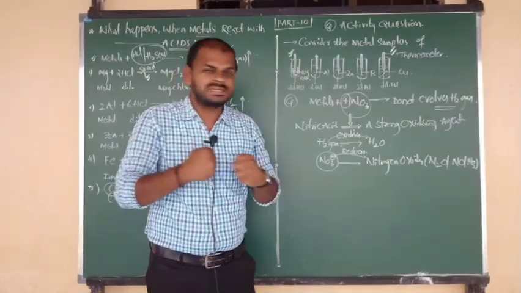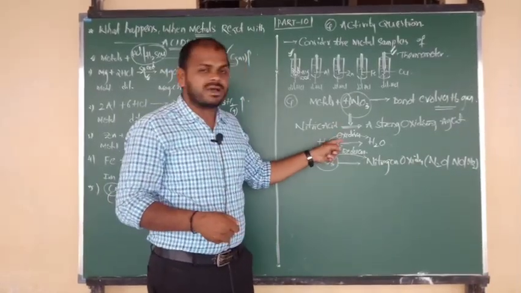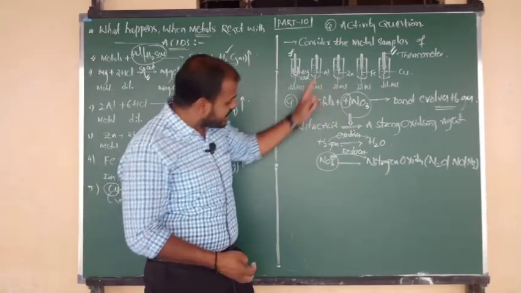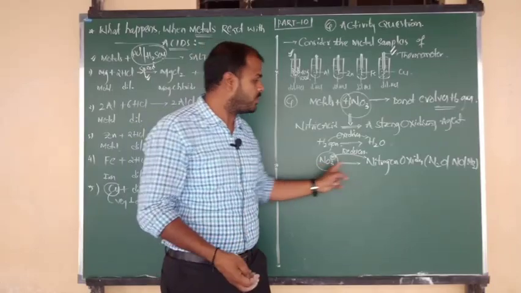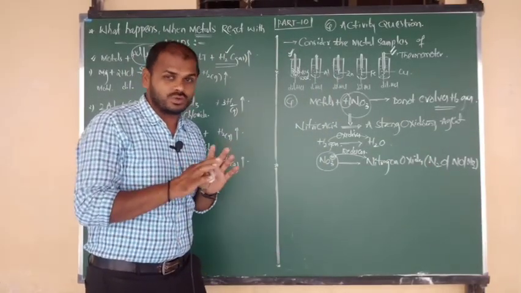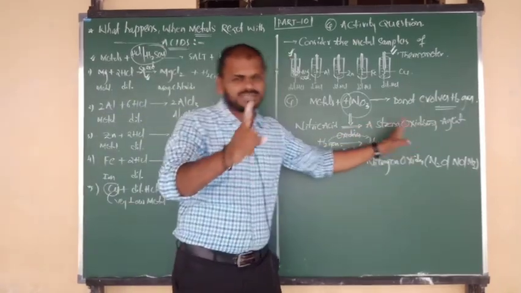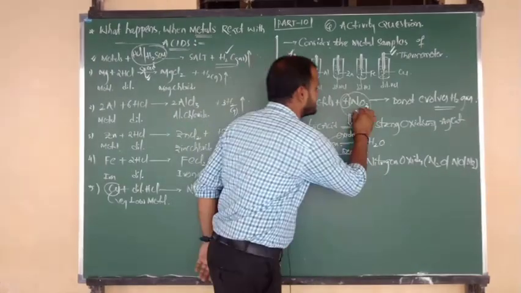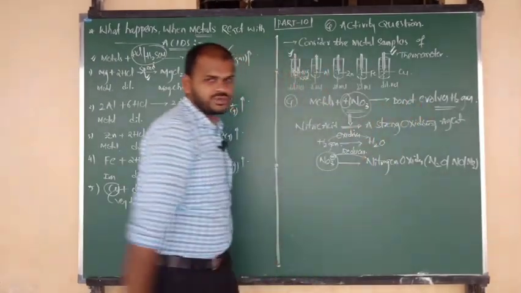Due to its more oxidizing power, it easily oxidizes the hydrogen into water molecule, and itself undergoes reduction into nitrogen oxides. Okay? So due to its strongest oxidizing nature, metals on reaction with nitric acid are not going to release H2 gas.